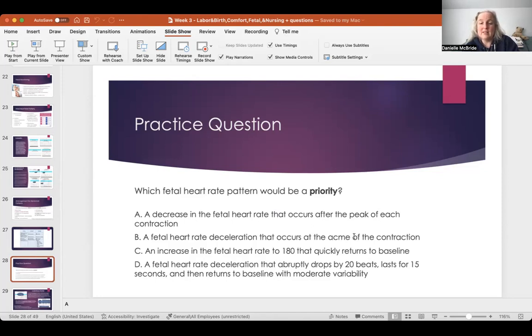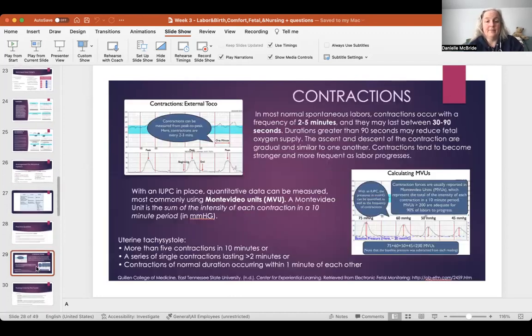During is on time, it's early. An increase in the fetal heart rate to 180 that quickly returns to baseline, that's okay. That's an acceleration. And then a fetal heart rate decel that abruptly drops to 20 beats, lasts for 15 seconds, returns to the baseline with moderate variability. That defines a variable deceleration. So the one that is a priority is A, because that is a late deceleration.